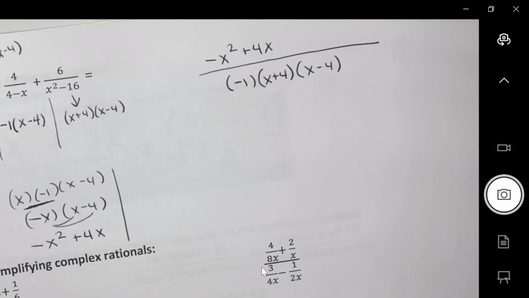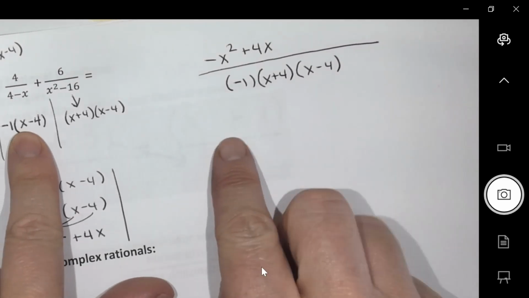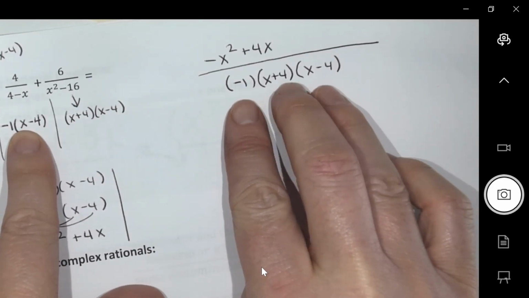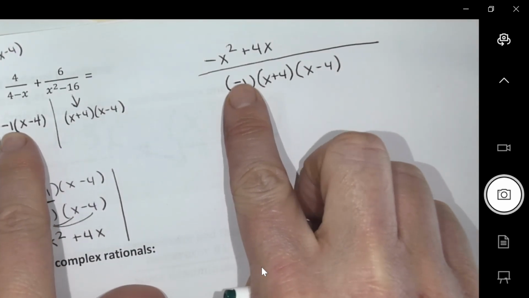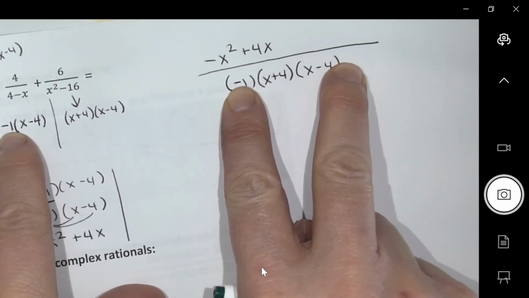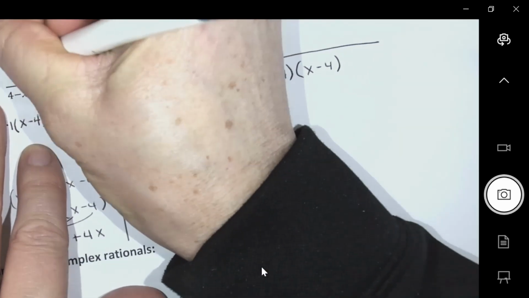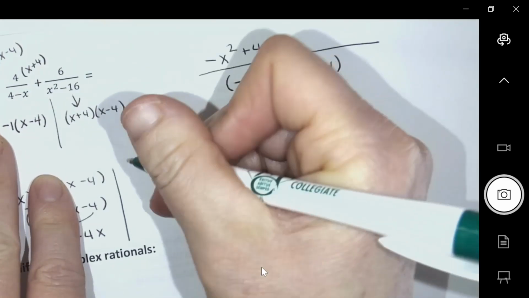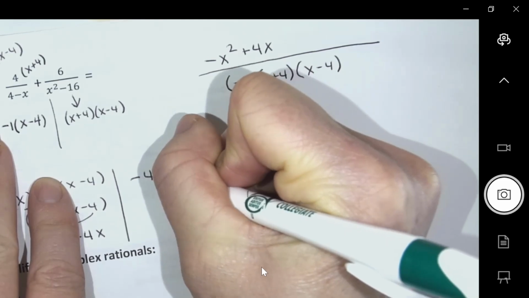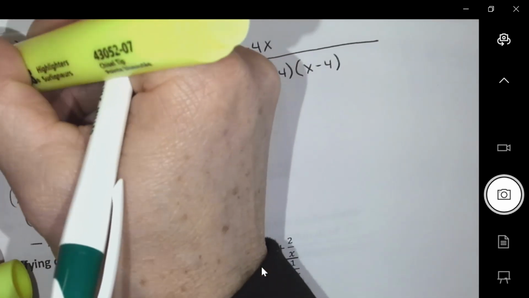Okay. Now I'm ready to tackle the second fraction. You ready? Looking at this and this, so I can put my finger on that and that. So which part was missing? X plus 4. So I'm going to be multiplying this by x plus 4. So, do you remember this?